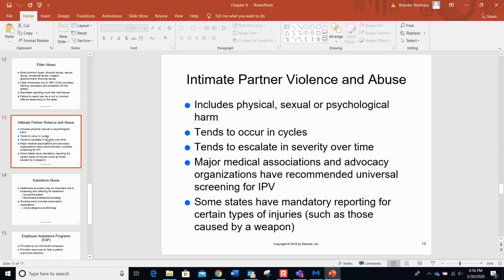And it talks about different types of abuse, such as physical, sexual, psychological harm, and it can be between heterosexual or homosexual individuals. So the abuse often occurs with or before physical or sexual abuse in the relationship. So this is only going to lead to more problems.